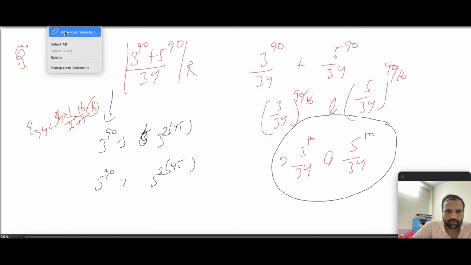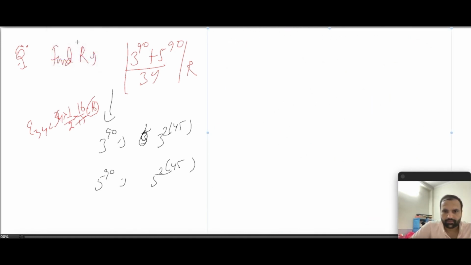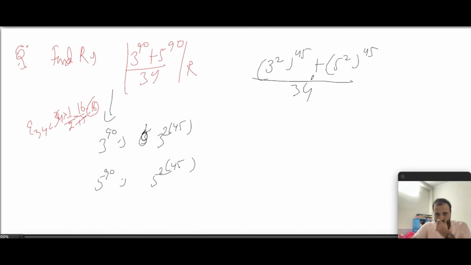So I'll just delete this part. So can we say that we can write this entire thing over here as 9 to the power 45 plus 25 to the power 45 by 34.